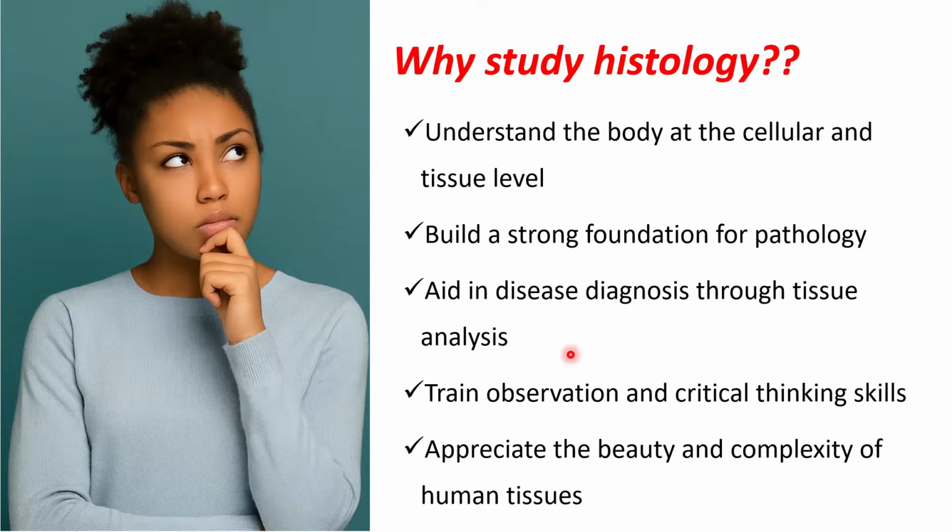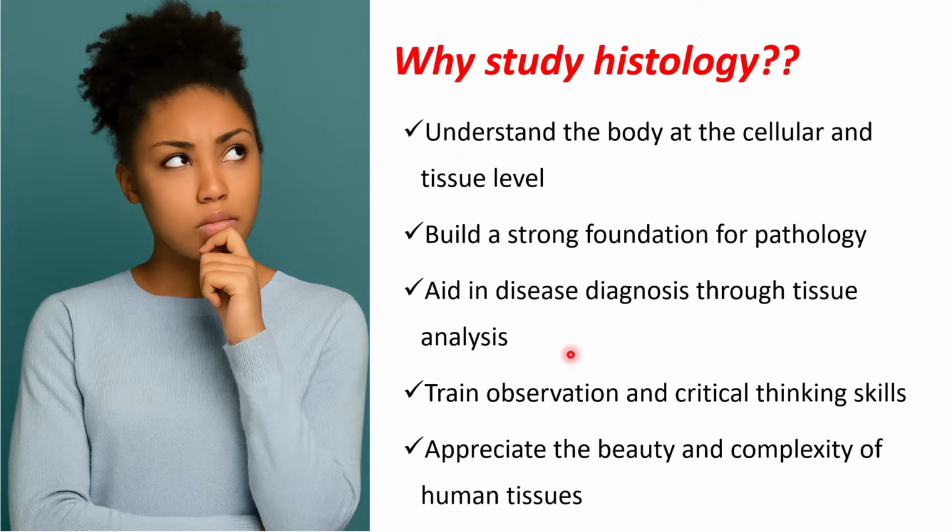And by the end of learning histology and anatomy, you'll come to appreciate the beauty and complexity of human tissues and even the complexity of human beings. So starting from the small organelle, learning the function of the mitochondria, the Golgi apparatus, then you go to the whole cell, then you go to the tissue itself.